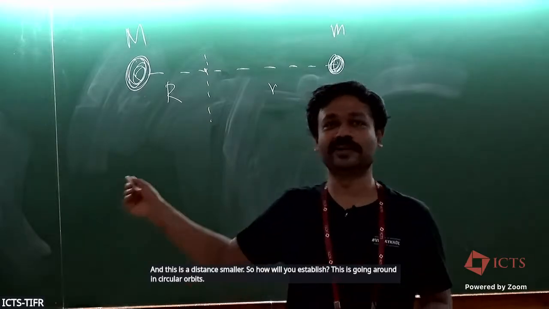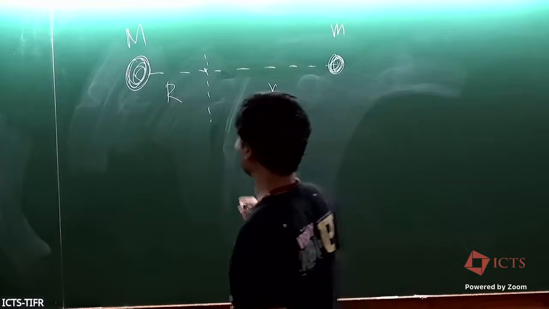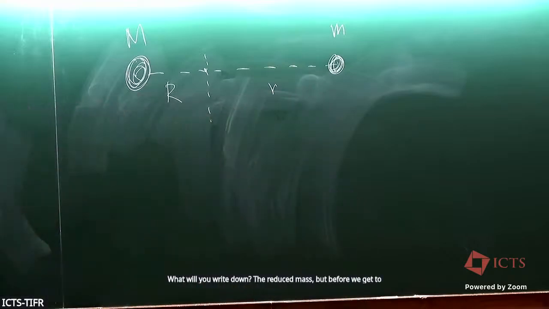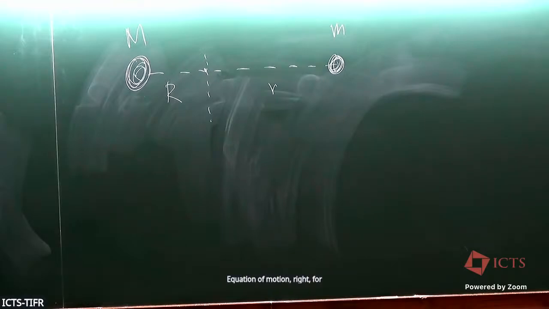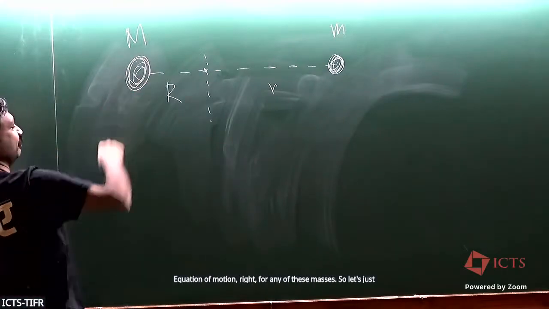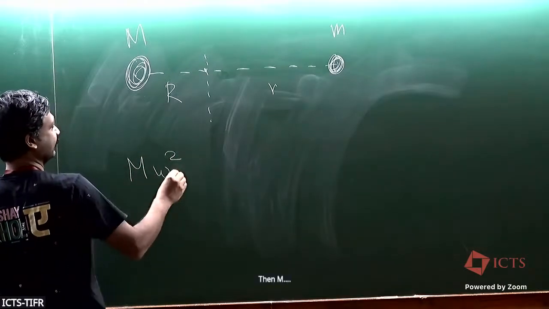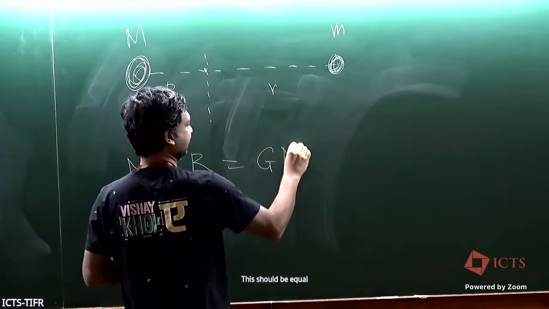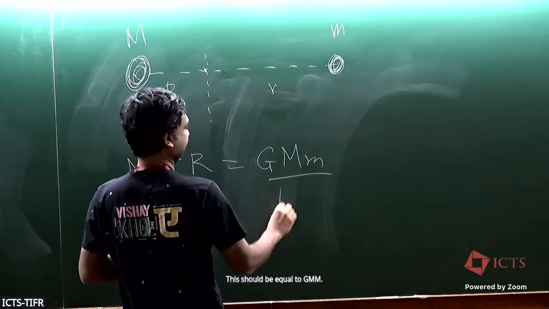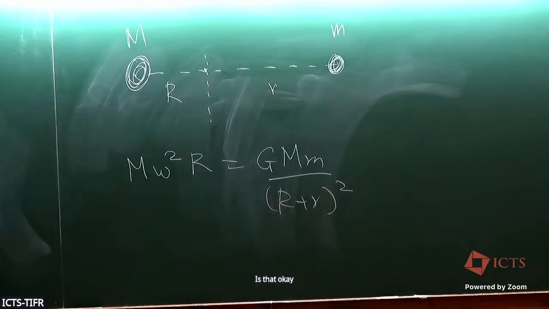What will you write down? The reduced mass, but before we get to the reduced mass, let's just try to write down the equation of motion for any of these masses. So let's just consider this big mass, then m omega squared times r should be equal to G M m divided by (R plus r) the whole squared. Is that okay? Right?